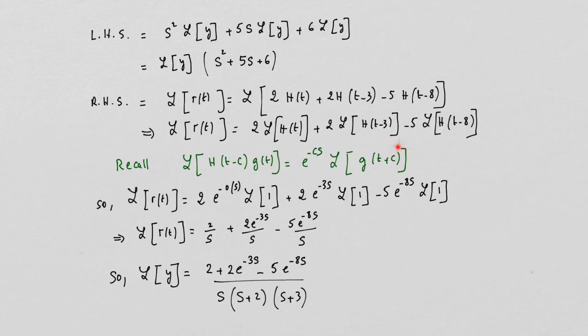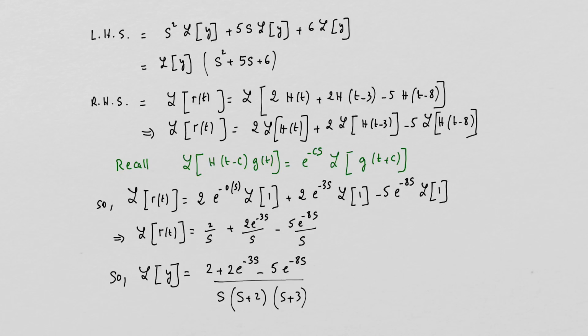The right-hand side has to be e to the negative 0s Laplace of 1. Remember, if g of t is 1, g of any input has to be 1. g of t is a constant function. So no matter what the input is, that is 1. And that's why I wrote twice, the 2 came from here, e to the negative 0s Laplace of 1.